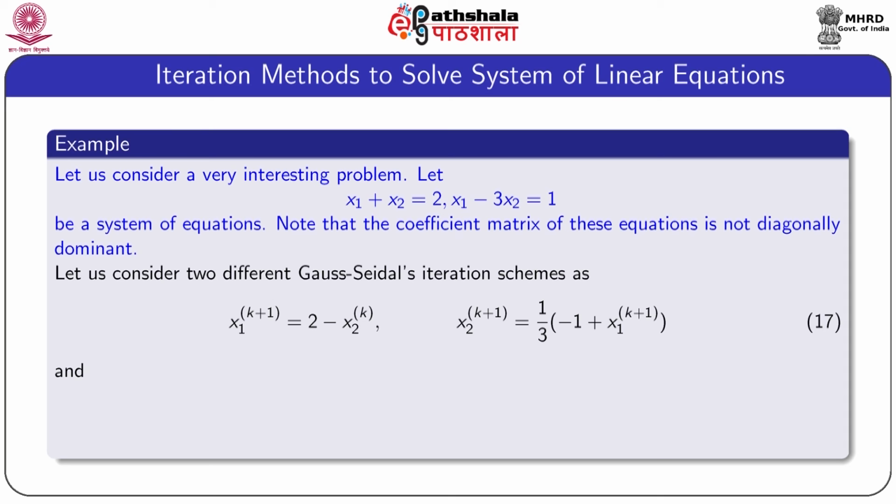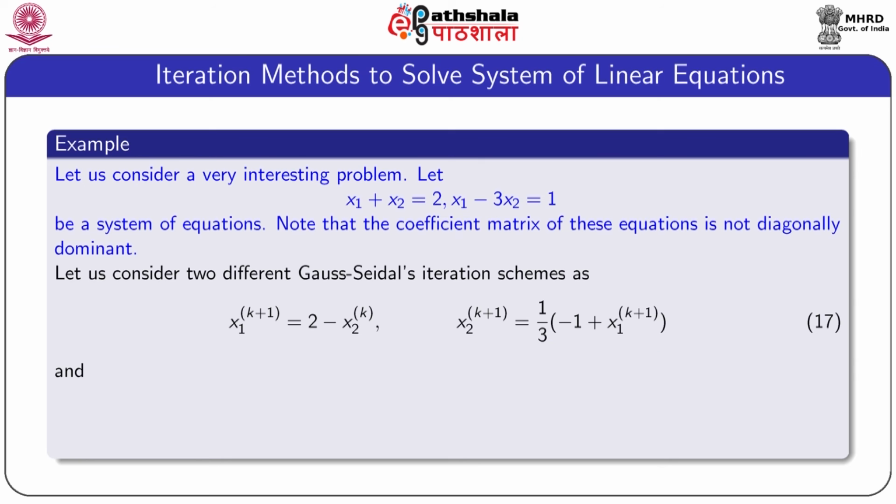So, for this system of equations we consider 2 iteration schemes. From the first equation we obtain the value of x1 for the (k+1)th iteration equal to 2 - x2k, and from the second equation we obtain the (k+1)th iteration scheme for the variable x2, which is equal to 1/3 into (-1 + x1(k+1)).